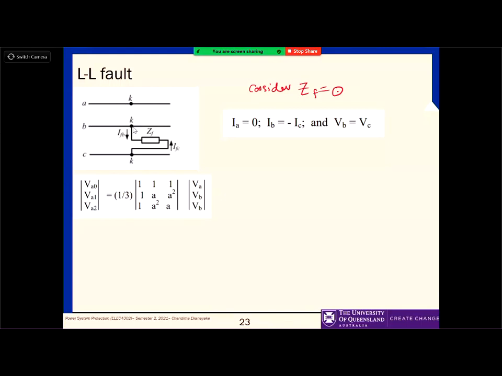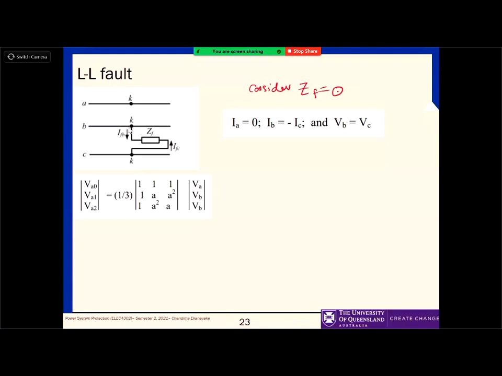The fault happens between B and C, and we write it for the A phase. If the fault is between A and B, you can write these equations for phase C. If it is between A and C, you can write those equations for B, right? It is because it's a symmetrical system.